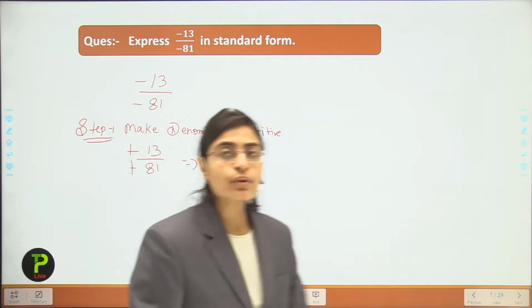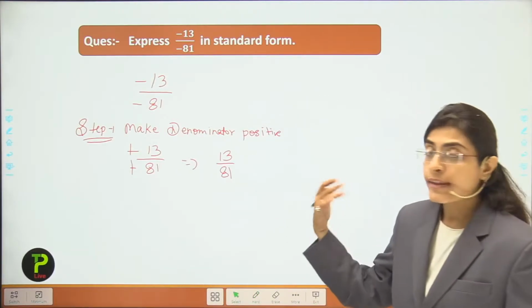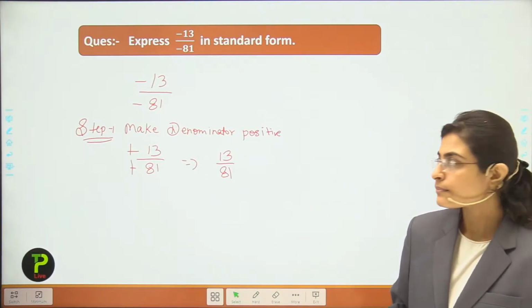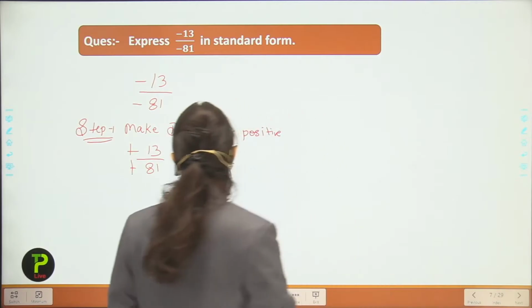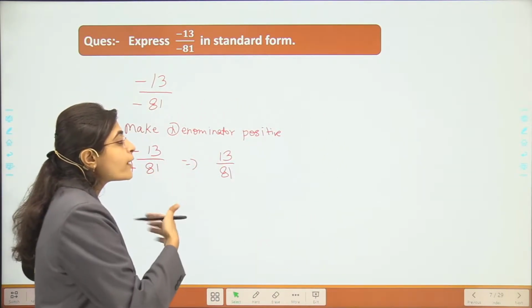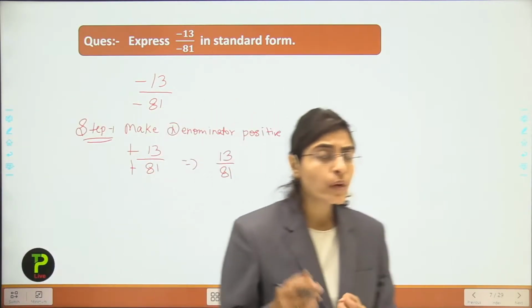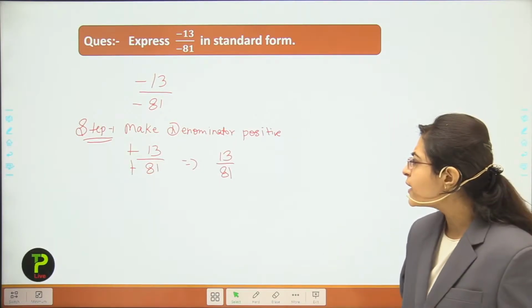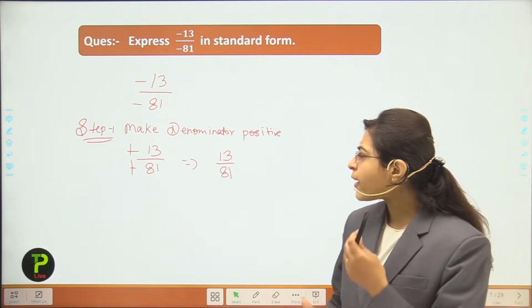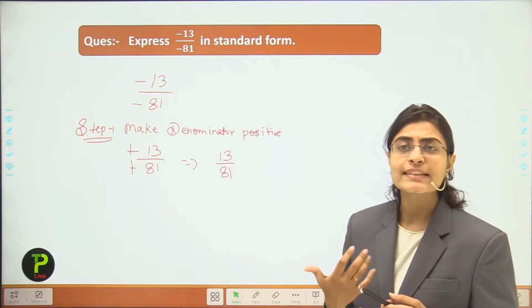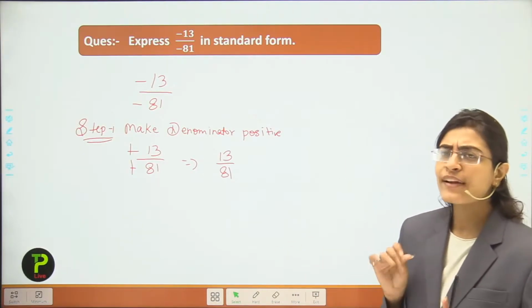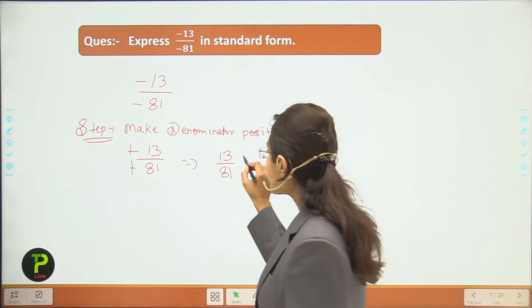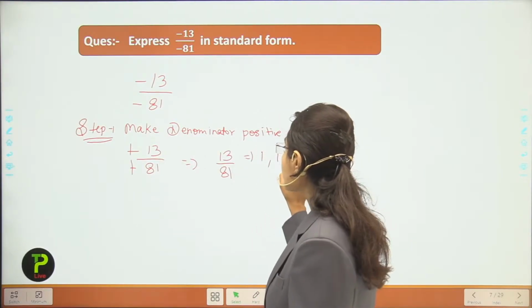Now I have to see whether it is in the lowest form or I have to convert it into the lowest form. So now I'm again confused about the common factors, right? So I'll factorize them. 13 comes in the table of 1 and 13 because it's prime.